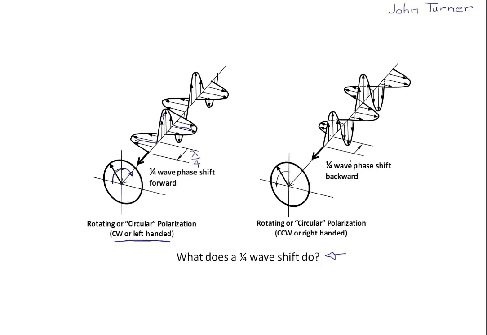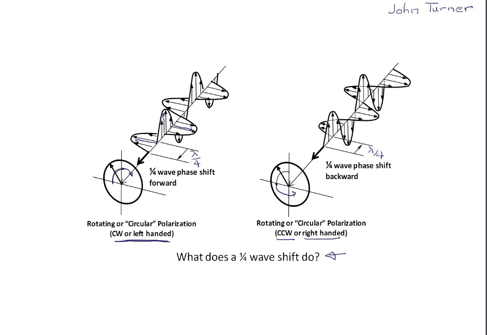Well, you could have quarter wave shifted in the opposite direction, and you get almost the same thing. The only difference now is as time progresses and the beam moves forward, the direction of apparent rotation of that vector is the other way. And we would call that right-handed circular polarization. So a quarter wave shift produces either left-handed or right-handed circular polarized light.